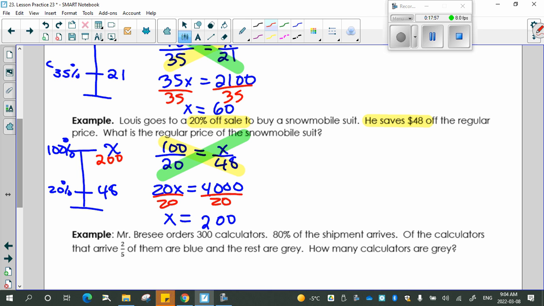That's fine. The proportions work this way too. 4,800 divided by 20 is 240. And then therefore the regular price is $240.